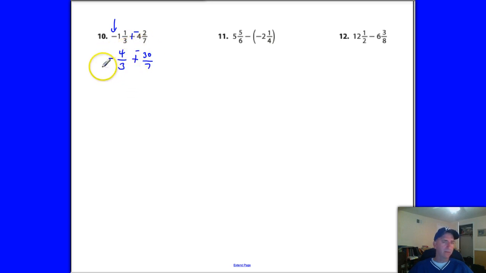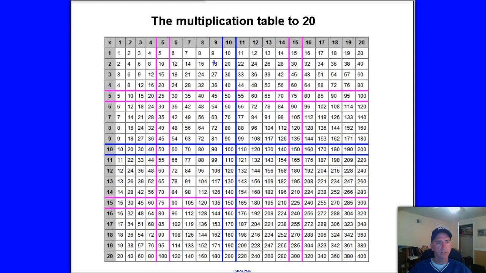We have now denominators of 3 and 7, so if I go back to my multiplication chart, we can figure out what this denominator should be. Here we've got a 7 and a 3, so I'm going to click back a page. 7, 3. So remember how we did that? Here's 7 and here's 3.